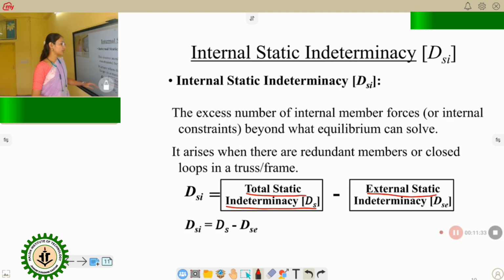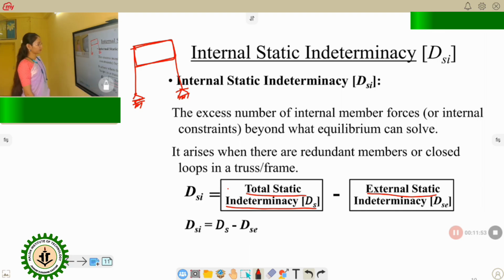It arises when there are redundant members or closed loops in a truss frame. That means if there is a truss frame with closed loops, here it is a closed loop, so here there will be values.